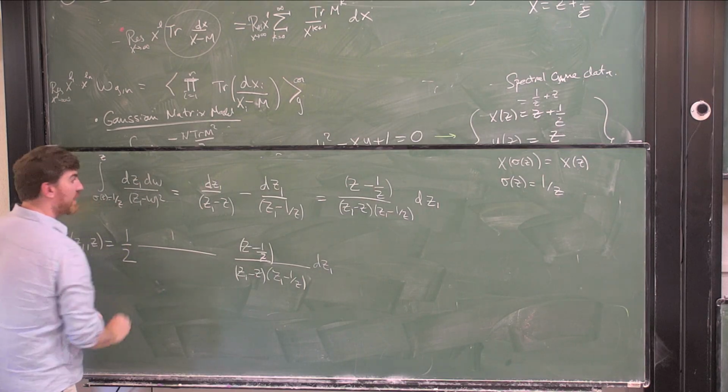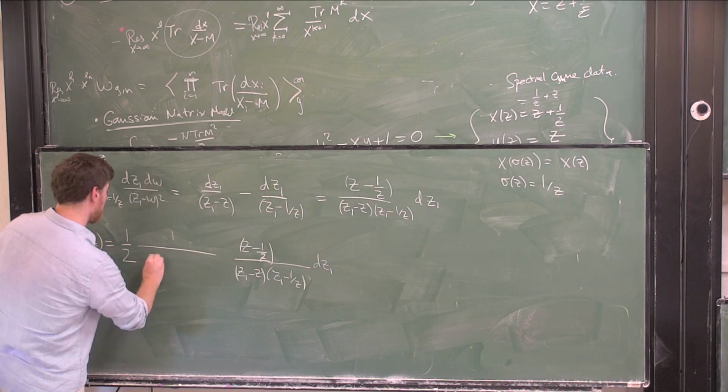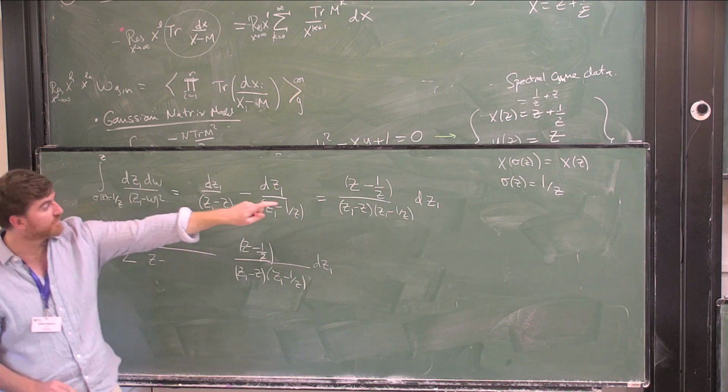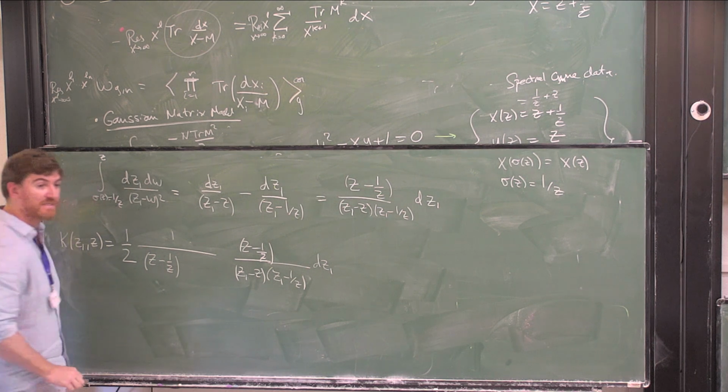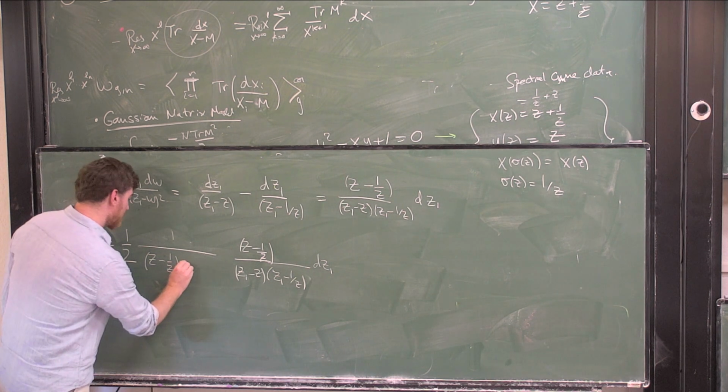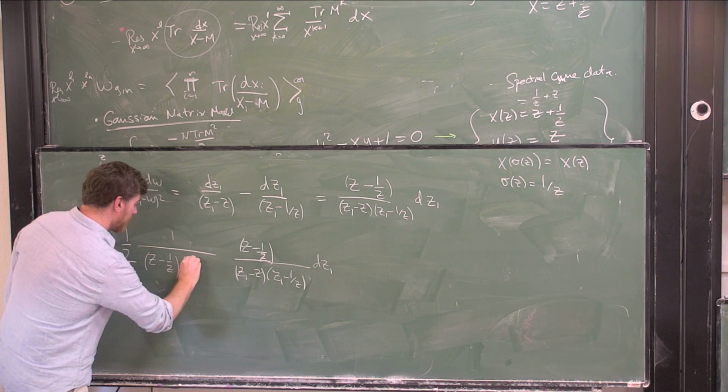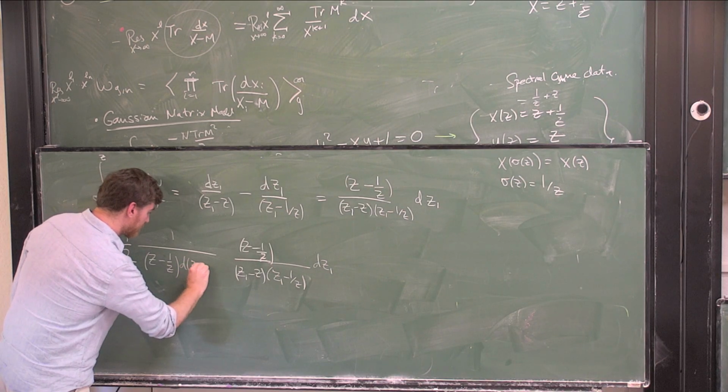And over here we have y of z, so that's z, minus y of sigma of z, 1 over z, and dx of z, so d of z plus 1 over z.